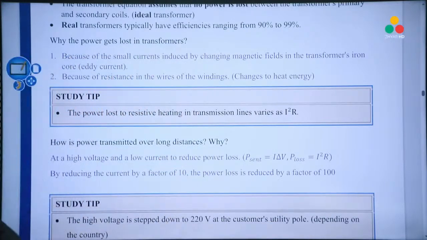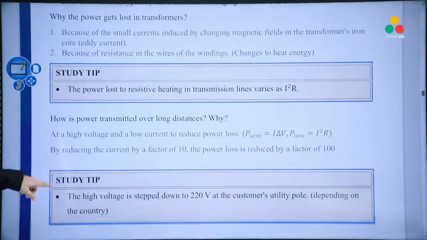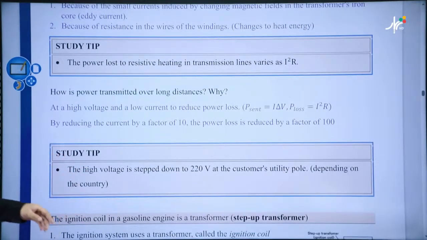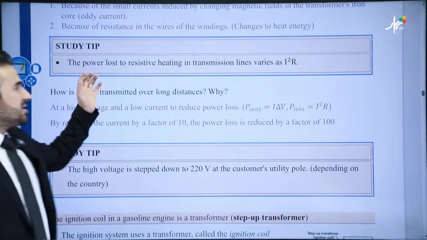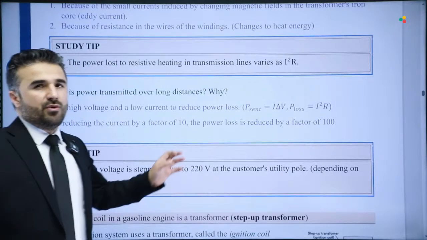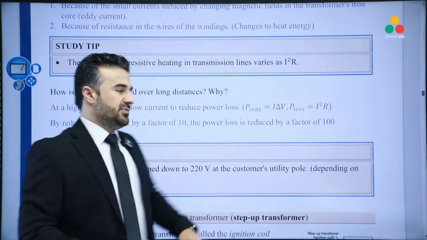That means energy is being lost as thermal energy. So the power loss is due to resistive heating in the transformer line. It varies with I squared times the resistance.